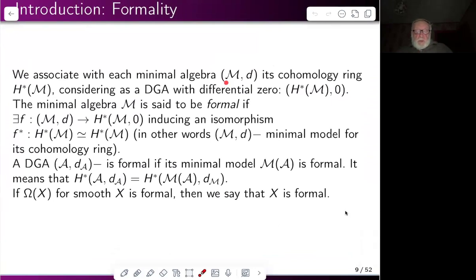If we have a minimal algebra M and its cohomology H of M, considered as a differential graded algebra with zero differential, then we say that this minimal algebra is formal if there is a map from this algebra to this cohomology algebra with trivial differential, which induces an isomorphism of cohomology.